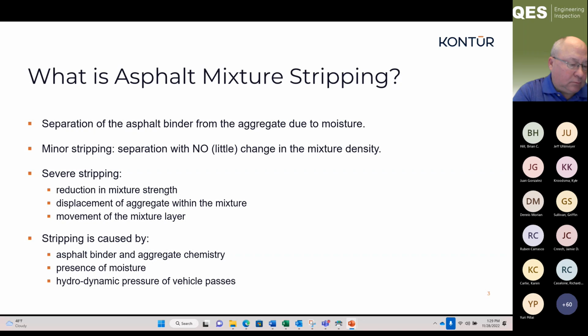We have to have the presence of moisture. So you may have a layer looks perfectly good for a couple of miles, and then another half a mile or so, you have a lot of issues because of the presence of moisture in that particular area of the roadway. I've also seen, and I've talked about, hydrodynamic pressure of the vehicle passes, which can certainly accelerate the damage. Next slide, please.